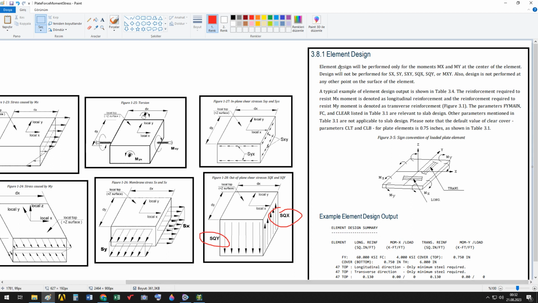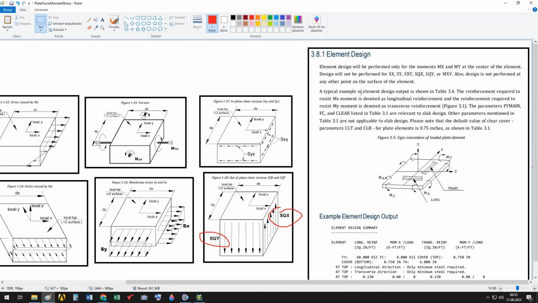Element design will be performed only for the moments mx and my at the center of the element. Okay. So for plate elements, only bending moments are considered, and only in two directions perpendicular to each other, longitudinal rebars are put in the plate. Design will not be performed for those internal forces and moments.